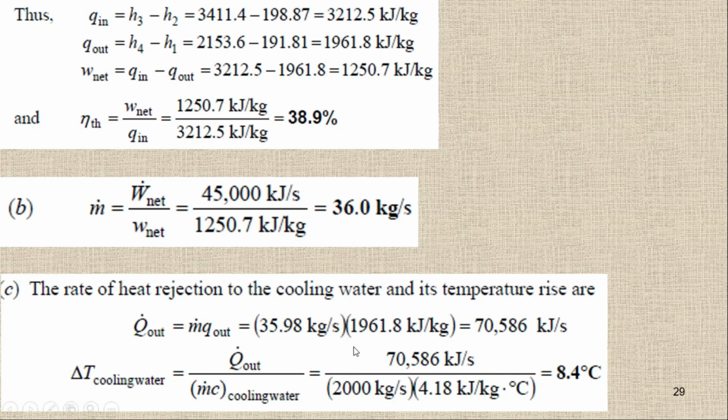We know m for the cooling water, and the C value for water is 4.18 per kilogram Celsius, and this Q is the Q out from the condenser. So from Q equal to m c delta T, we can easily find delta T for the cooling water, and it will be 8.4 degrees Celsius. Whatever the input temperature of the cooling water, you will get only an 8.4 degrees Celsius increase.